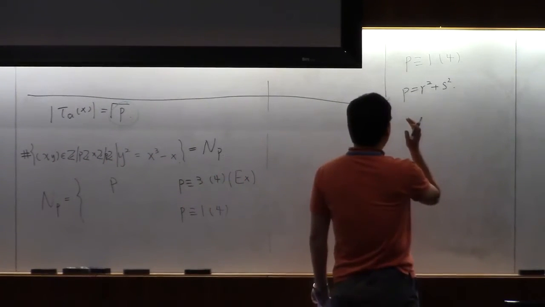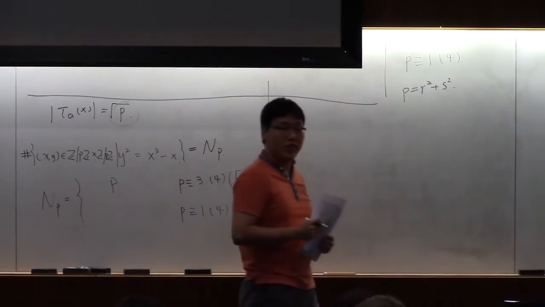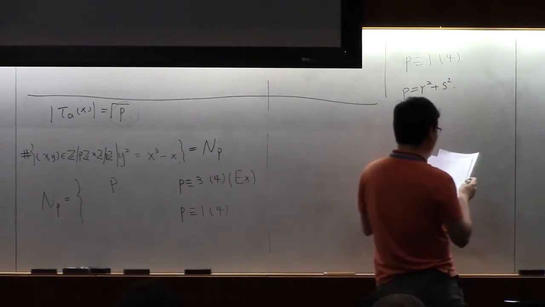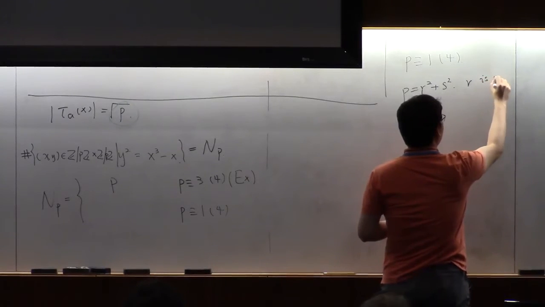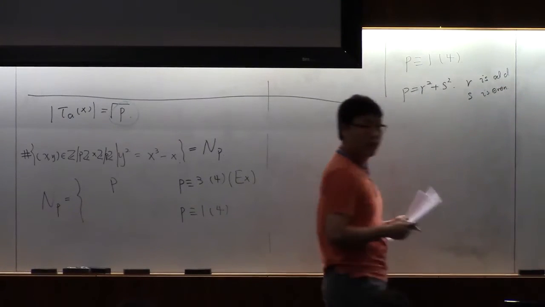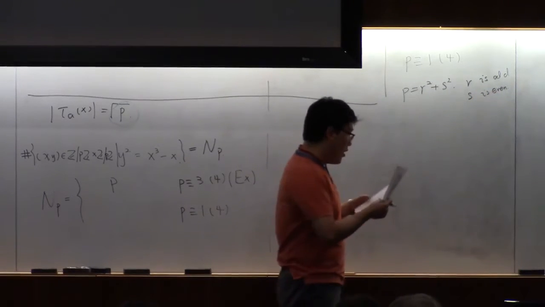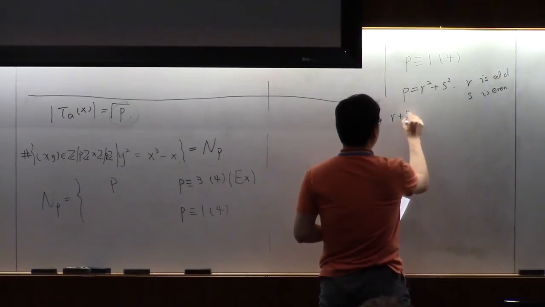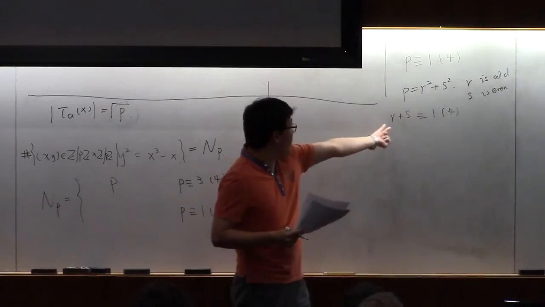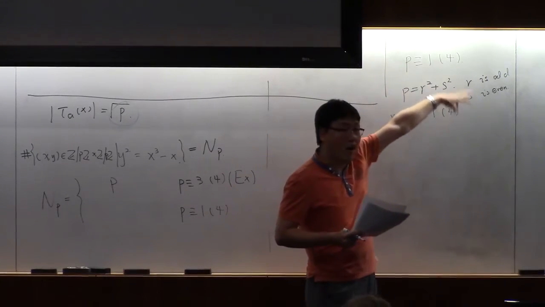If p is congruent to 3 mod 4, it is impossible to find such a pair of integers. R and S are not unique, but if you require that R is odd and S is even, then R and S are unique up to sign. If you further require that the sum of these two integers is congruent to 1 mod 4, then R and S are unique.